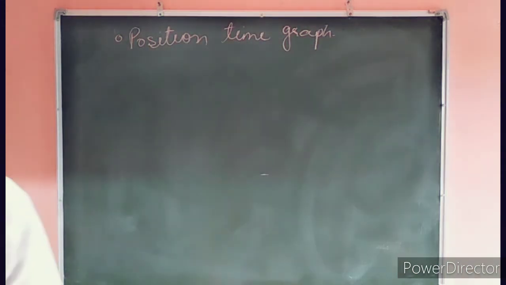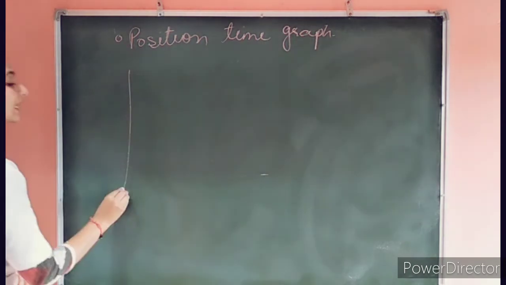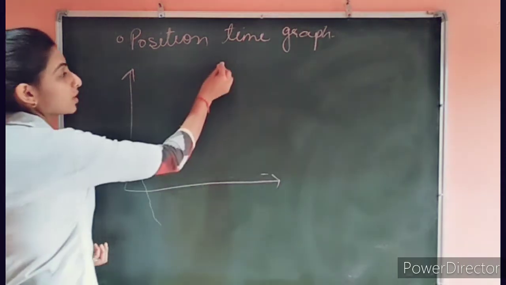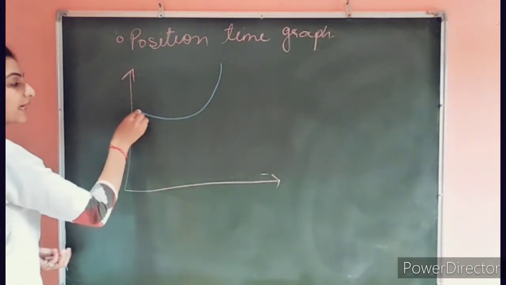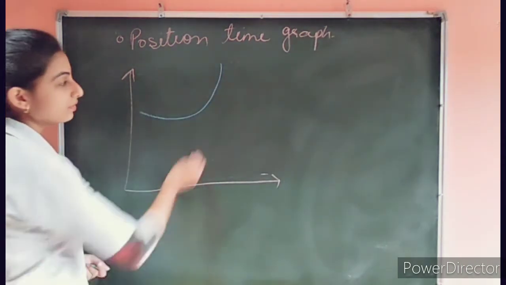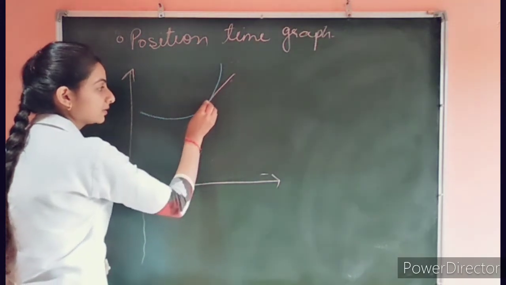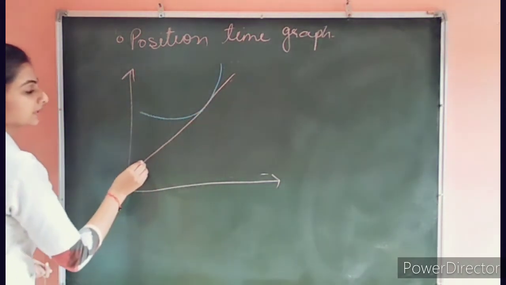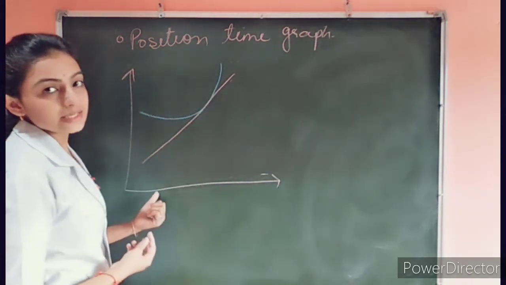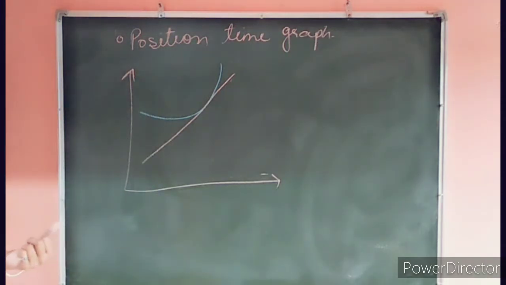In retardation or acceleration, we get a curve. So how will we calculate the slope at a point on the curve? We will draw a tangent, and with this tangent we will take some points.